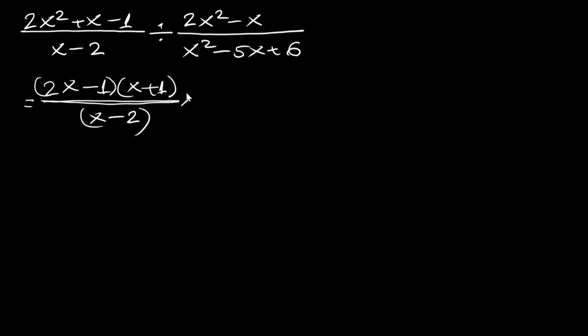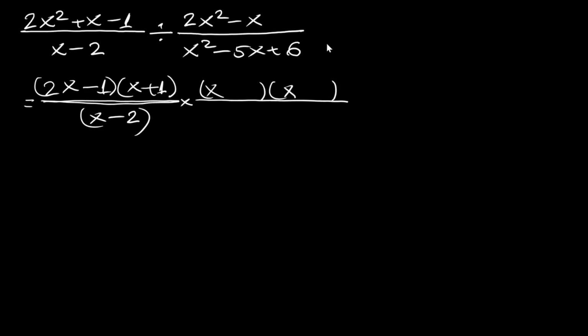And this has to be multiplied by the following. Because we have division here, we change it to multiplication, and then we swap the numerator and the denominator. Now we have x squared minus 5x plus 6. Again, let's do the bracket trick. We have x squared, that's why I write down x and x.